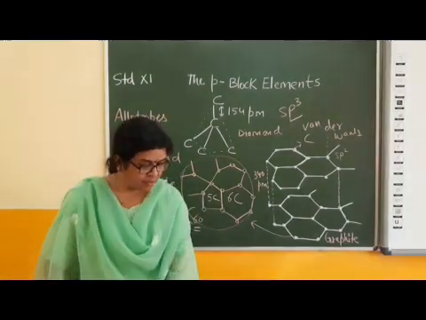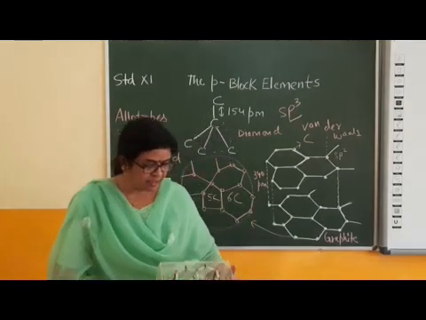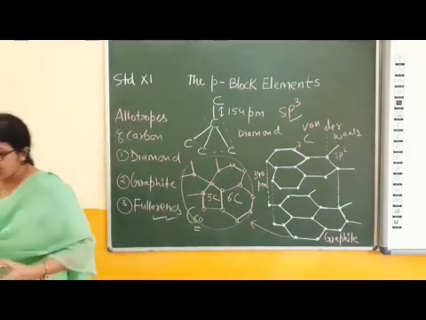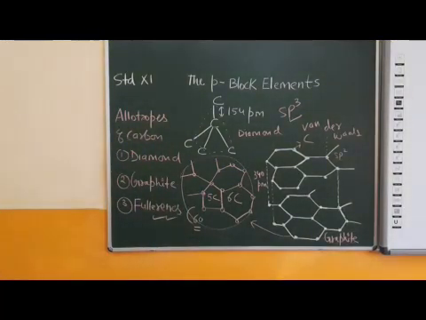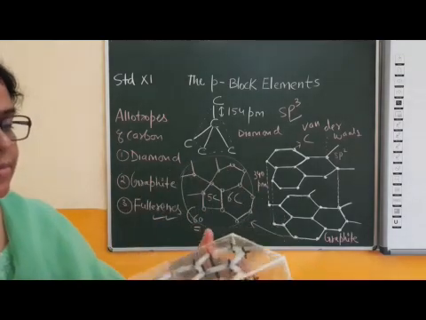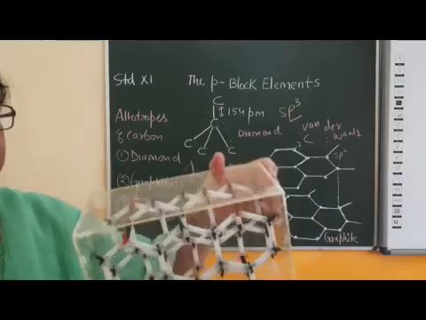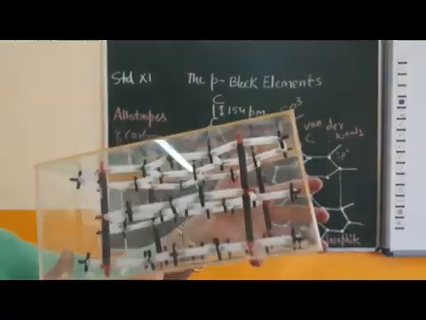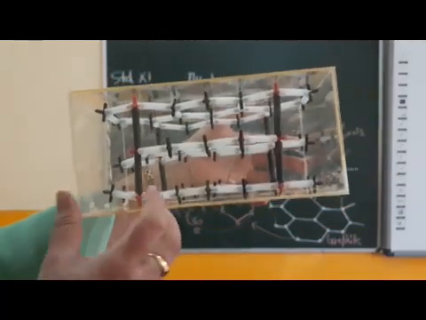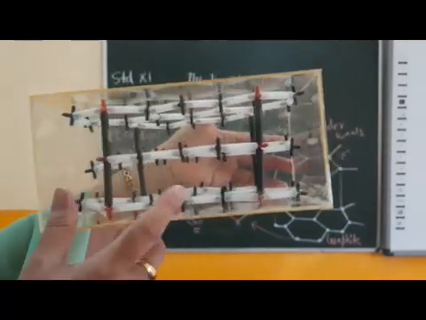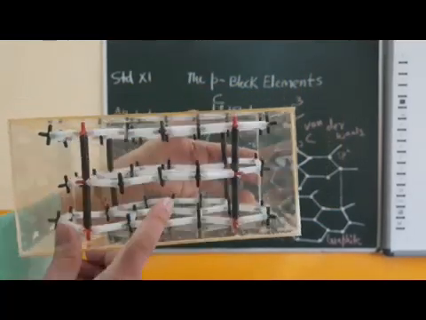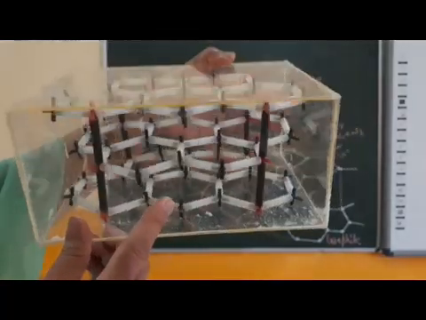Now the arrangement of carbon atoms in graphite. This shows the arrangement of different layers. This is the first bottommost layer of hexagonal rings. This is the middle layer of carbon atoms in hexagonal arrangement.